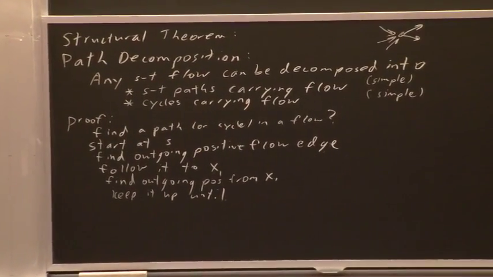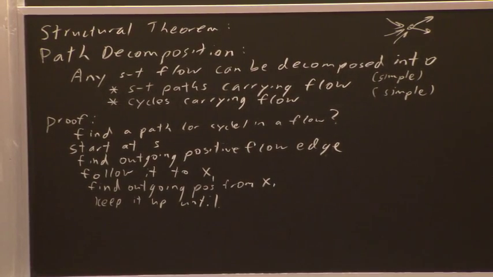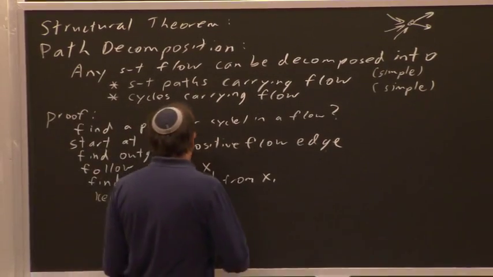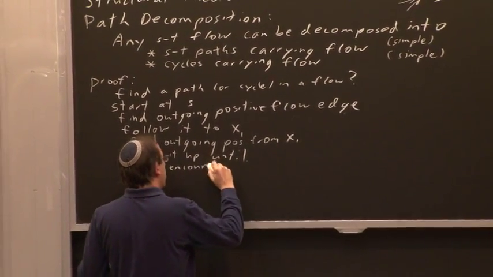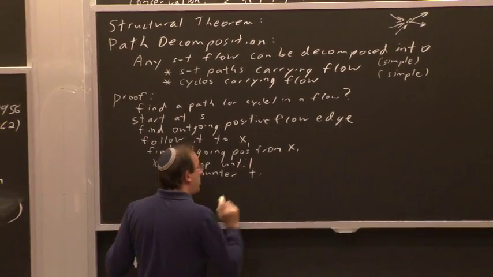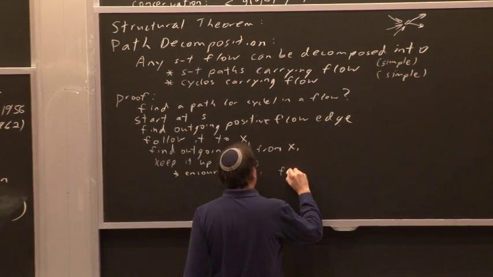And we're going to keep doing it until what happens? Until you encounter T or a previously visited vertex. Good. So one possibility is that you encounter T. So what do I declare if I encounter T? I have an ST path.